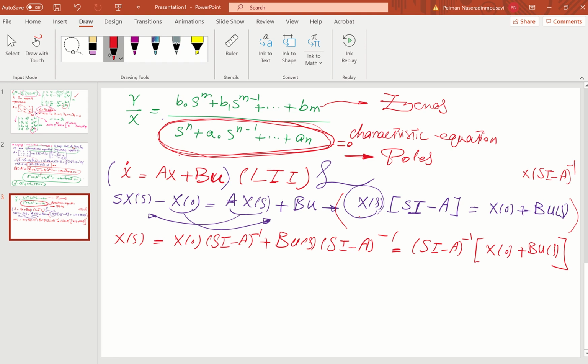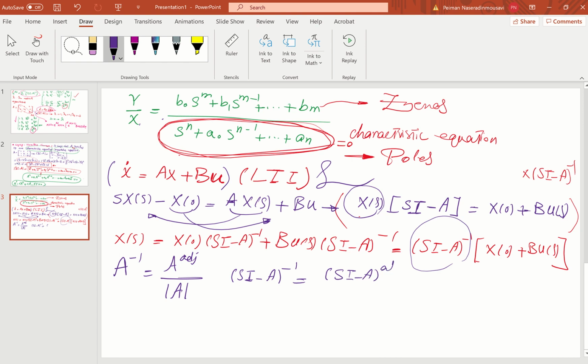But we know from high school that the inverse of a matrix A is the adjugate of that matrix divided by its determinant. That's right. This is a high school topic in linear algebra. So now the inverse of (sI minus A), as I taught you in the matrix exponential, is again the adjugate of this divided by the determinant of that.